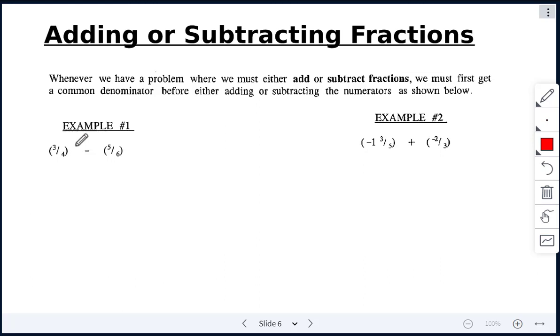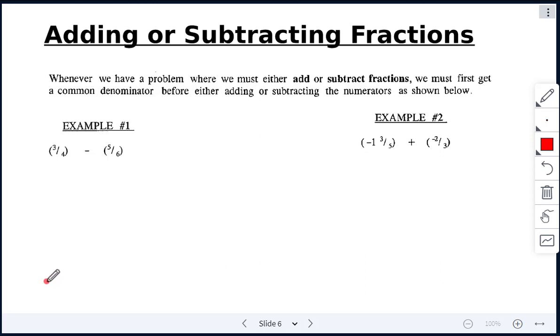So here our denominator is 4, and here our denominator is 6. So before we can do anything, we have to get the common denominator. So 4 and 6, they both go into 12, they both go into 24, and so on. So you want to choose your lowest common denominator.